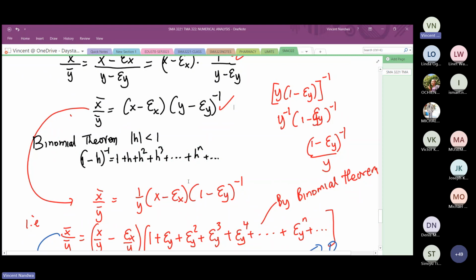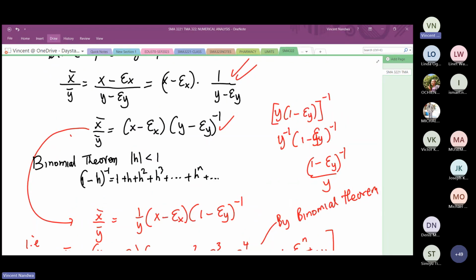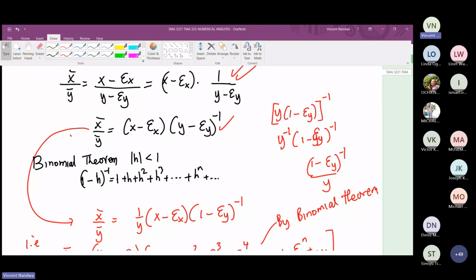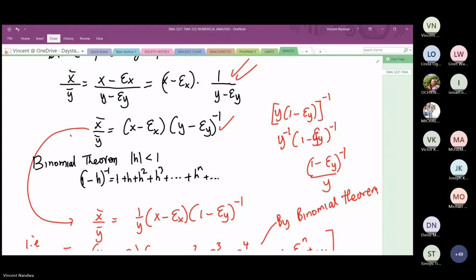Okay, so are you seeing that there's a slight mistake in the bracket here? For this thing to be the same as y minus, we need to put a y here. Are you seeing that? For that to be true, so that this quantity is equal to y minus error in y power minus 1.